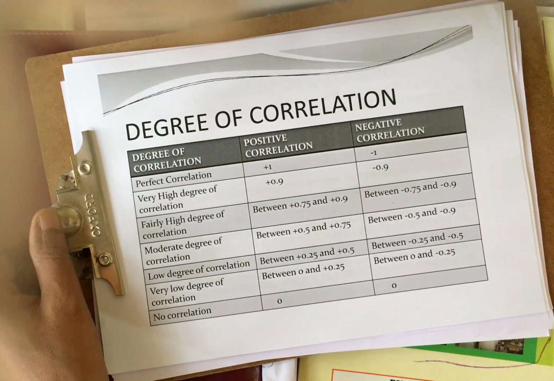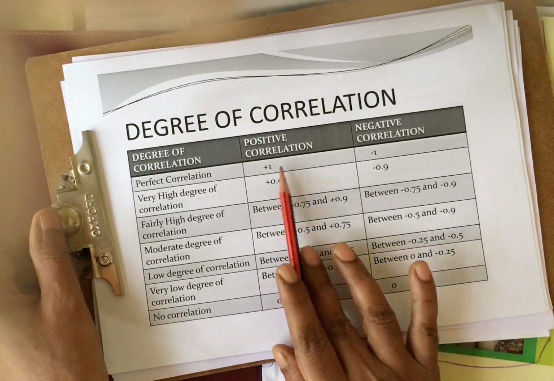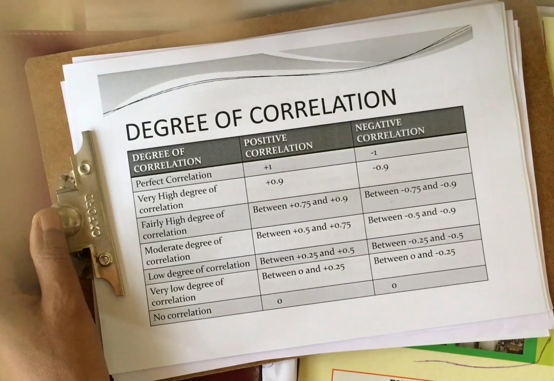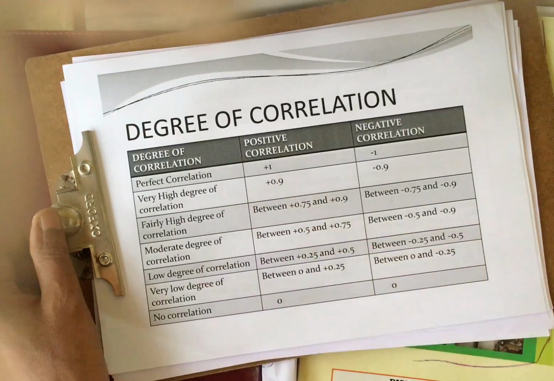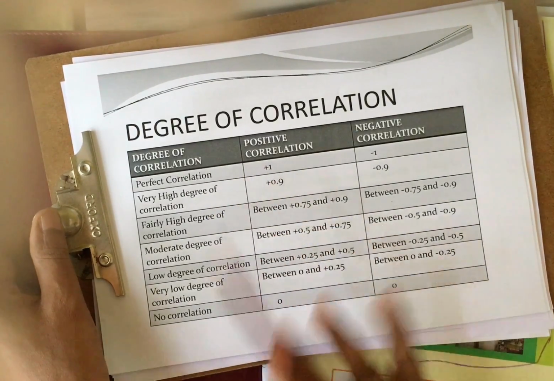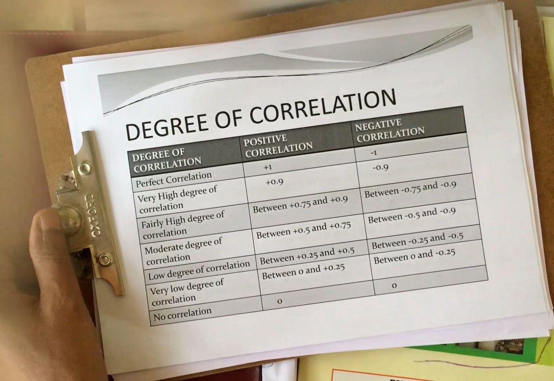Here we can give the conclusion by taking the answer whatever we are getting. If the answer is exactly +1, then the conclusion is it is a perfect positive correlation. Positive because of plus, and perfect because of 1. Perfect positive correlation between X and Y.